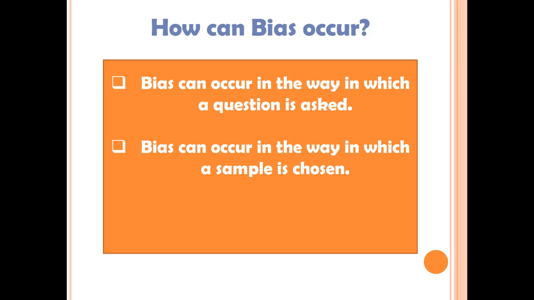Does that mean that all Catholics are anti-abortion? No. But as a whole, Catholicism is anti-abortion. So you're going to get a heavily skewed sample that shows that most of those people are going to say, no, I don't support abortion. That's not a valid sample, though, because it doesn't take differing opinions into consideration.